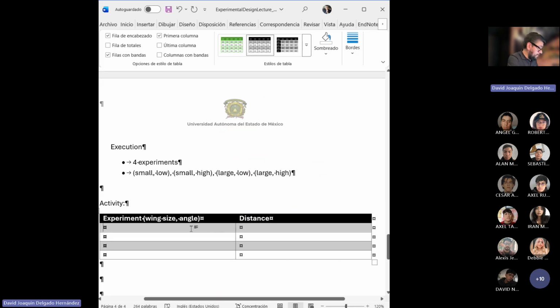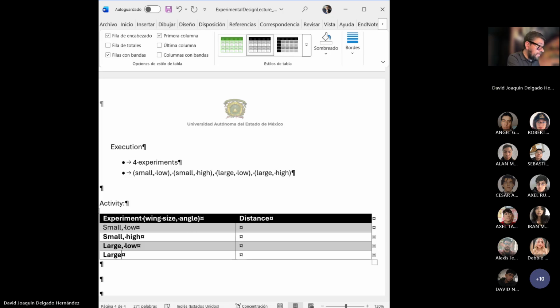So it will be small, low, small, high, large, low, and large, high.